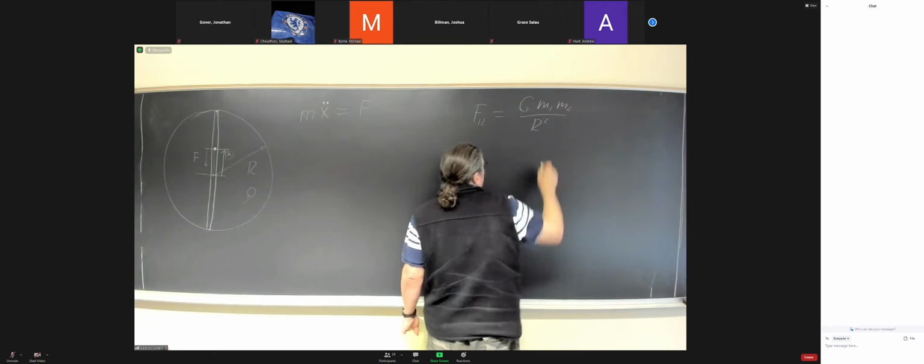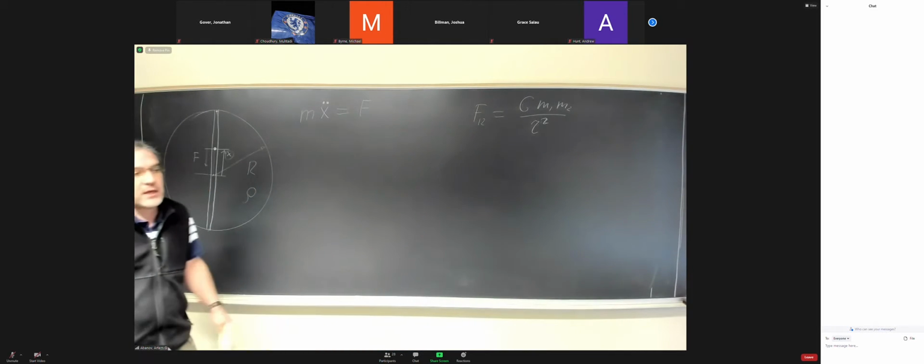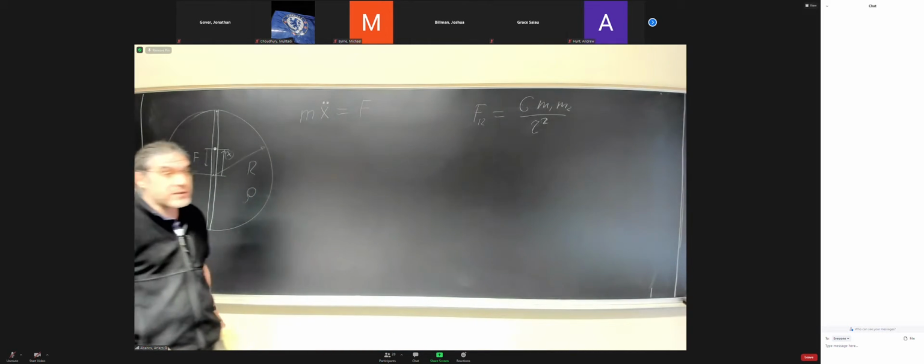So F between two objects equals G m1 m2 divided by the distance between the objects squared. That's Newton's law of gravity, and it works.